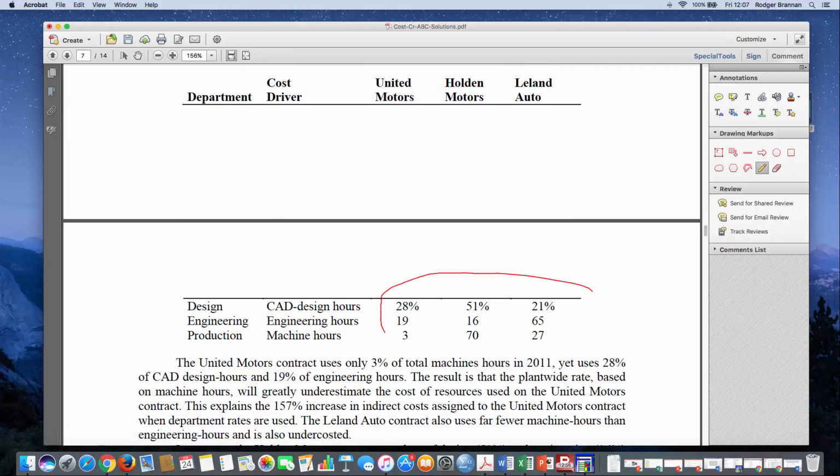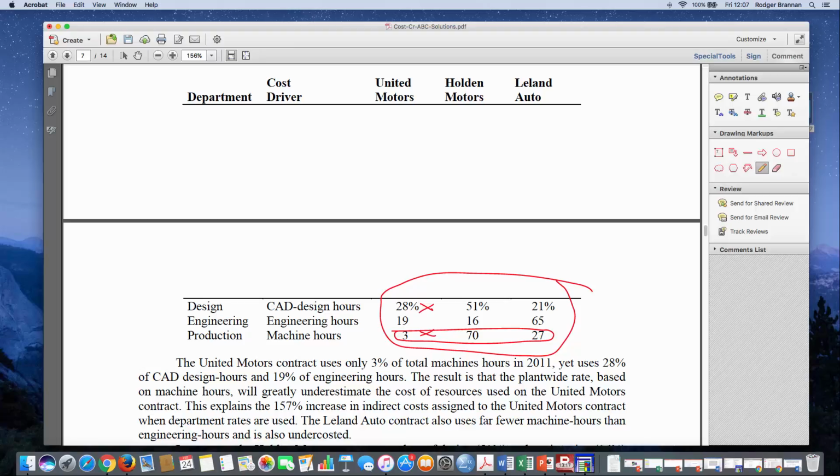What they've done here is break down the proportional amounts of the activities that each of these is consuming. Notice that if this is what I was using as my plant-wide rate, machine hours, there are some big discrepancies between this number and that number.